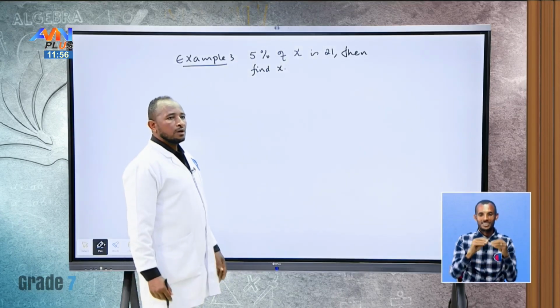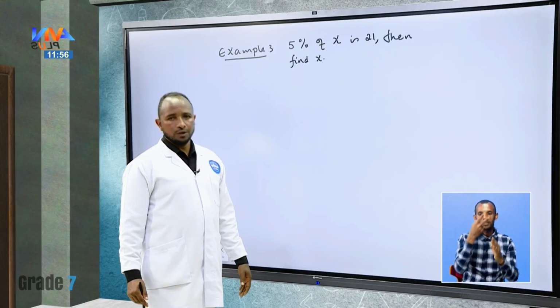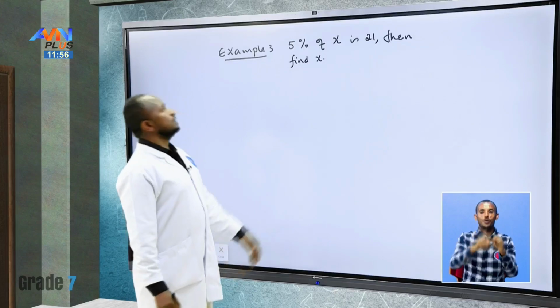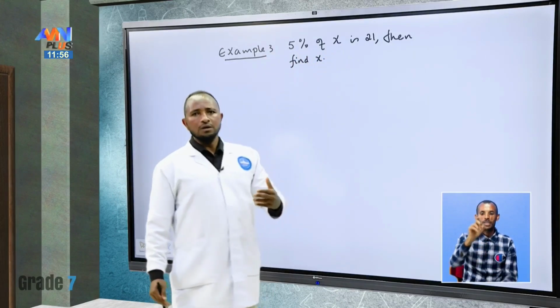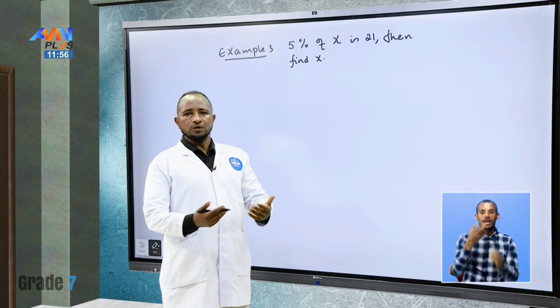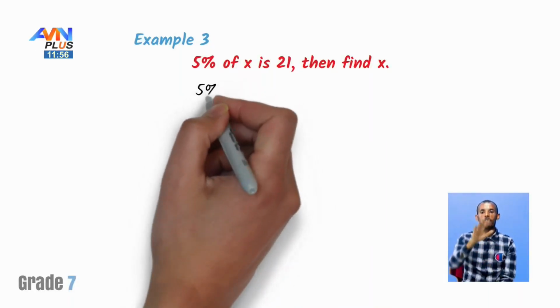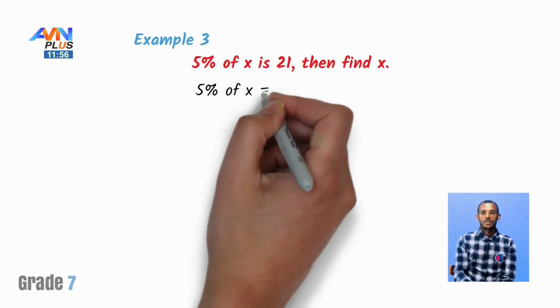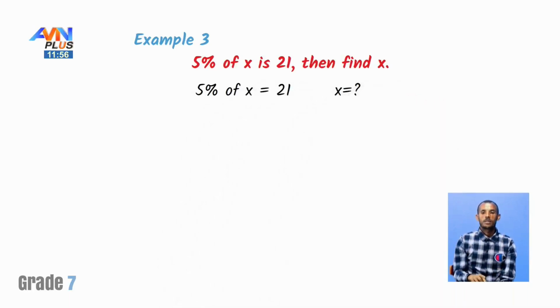Students, have you tried the question? Good. Now let's see the answer together. So here, it says 5% of x is 21. So we can change this into equation form. So what is x?